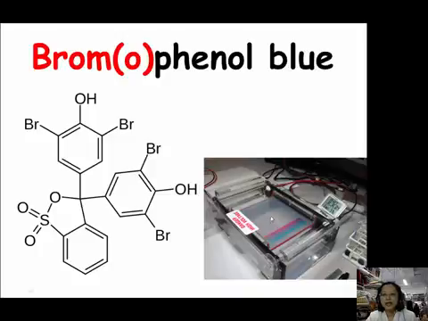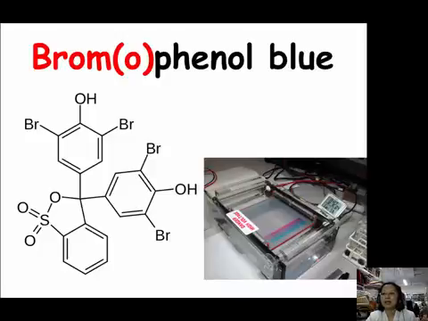And the reason why it can be used for agarose gel electrophoresis as a marker, as we show in this picture, is because bromophenol blue carries a slight negative charge at moderate pH, so it will migrate in the same direction as DNA or protein in a gel.